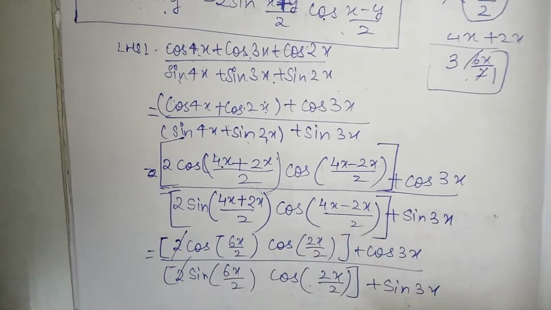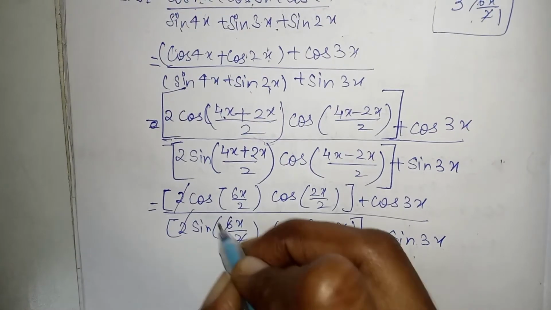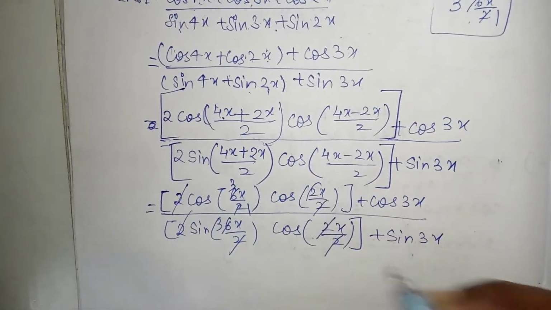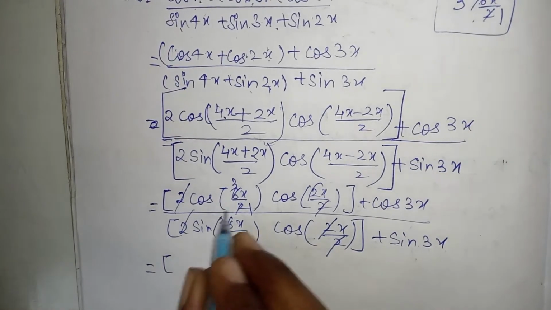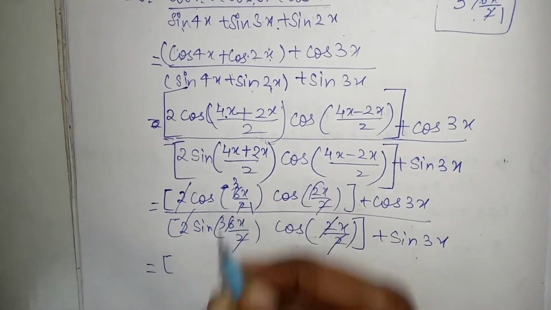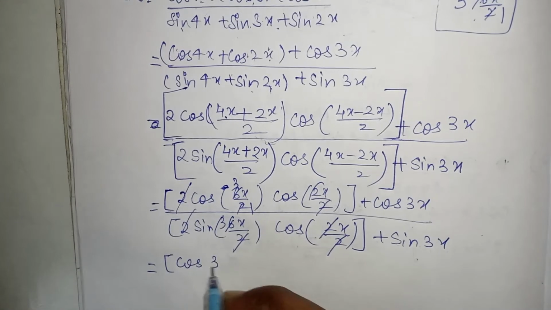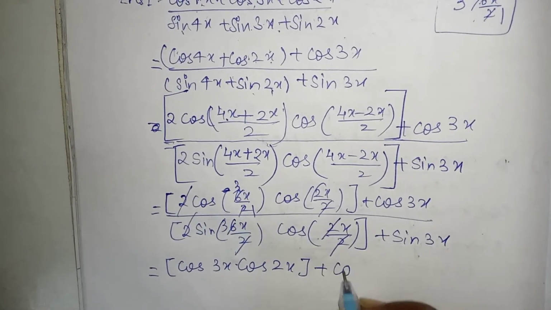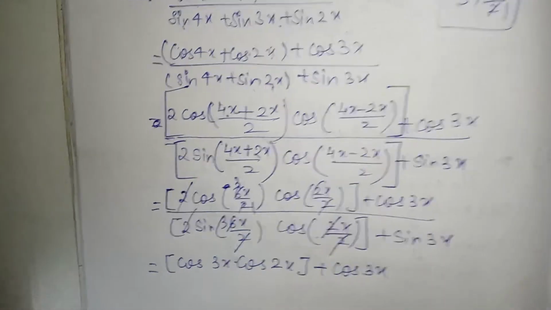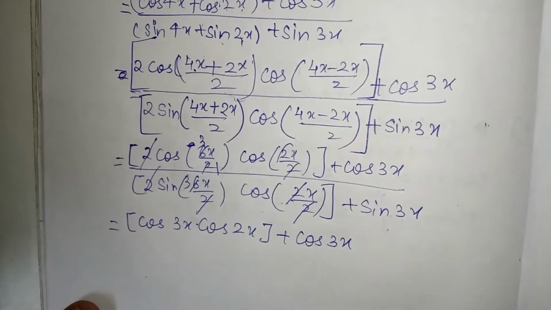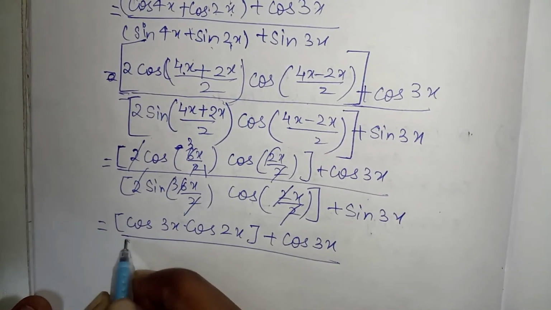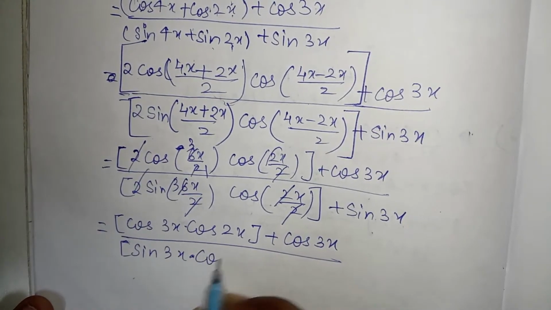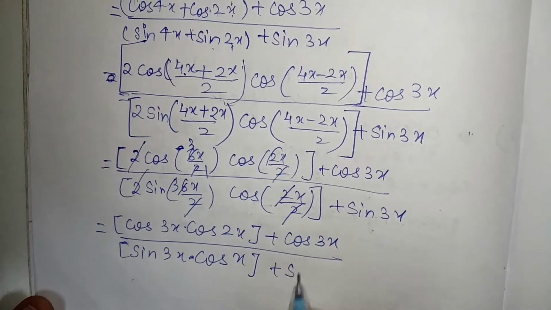So 2 gets cancelled, the 3s get cancelled, 2 gets cancelled. So what is left out? Cos 3x cos x plus cos 3x. Again, what is left out? Sine 3x cos x plus sine 3x.